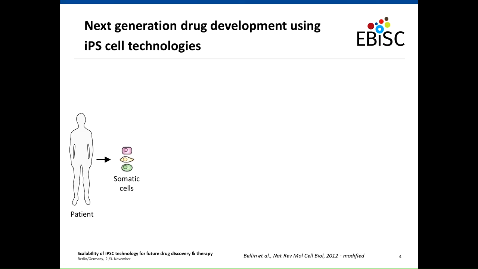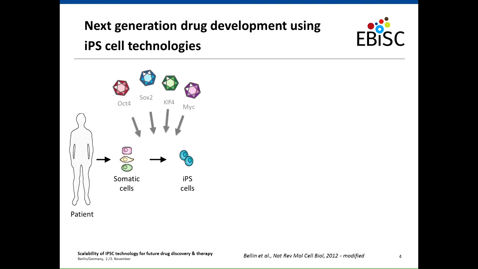We have already heard today a lot about the possibilities and advantages of iPS cell technologies. Until now, the biggest advantage is that you can generate iPS cells with a patient or disease-specific background, and then you can differentiate the cells again into the cell type you would like to use and you need.